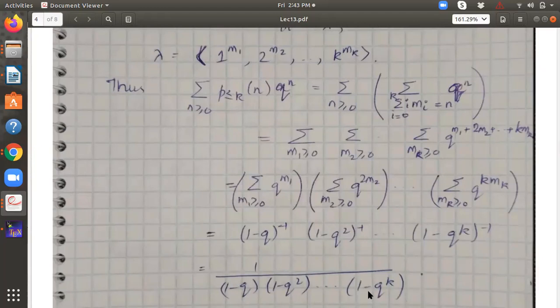What is the coefficient of q raised to n in this?